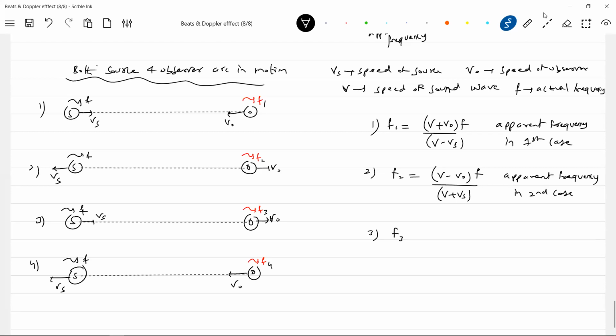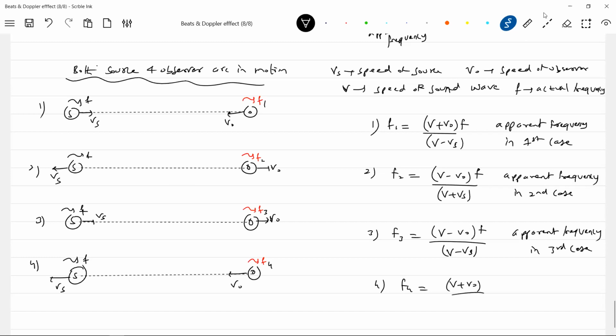So what is now F3? Shall we write V minus V naught times F by... third case. So now what is F4?